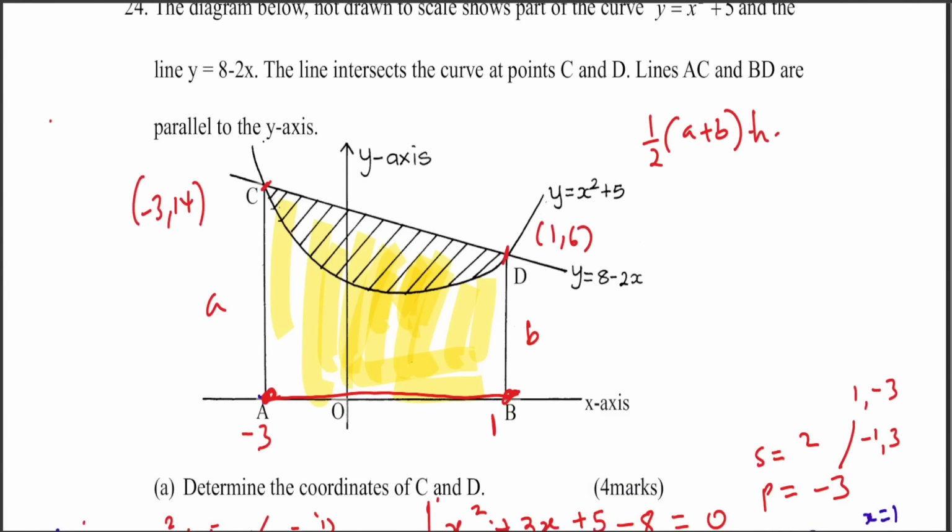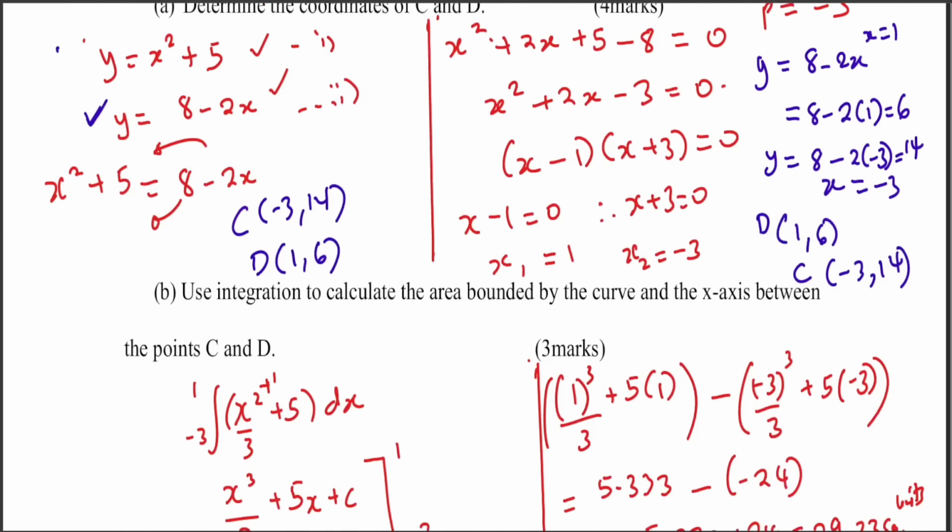Now our A is basically 14 because the y-coordinate for C is 14, so from here to here is just 14. And we know that from B to D is 6, so our B is 6. And our height is from negative 3 to 1, which is basically 4.